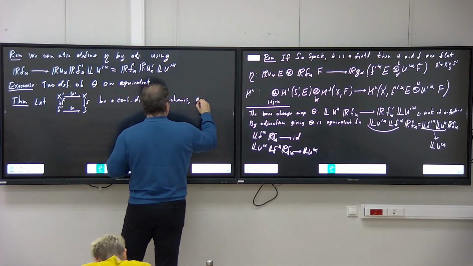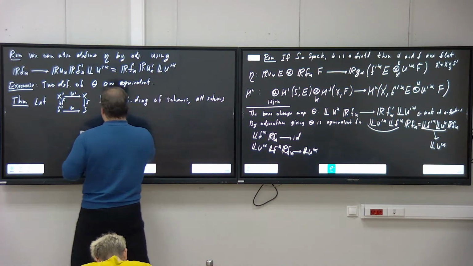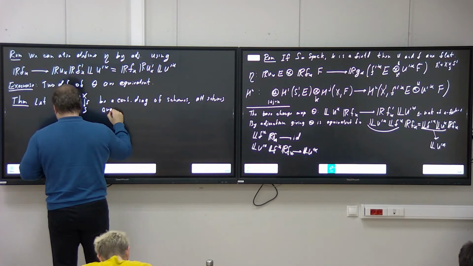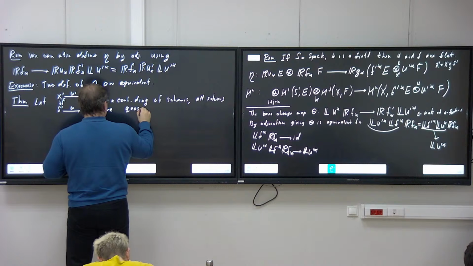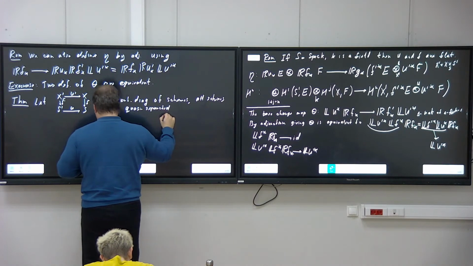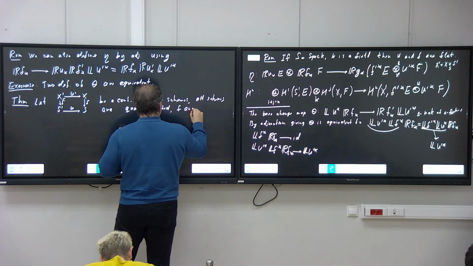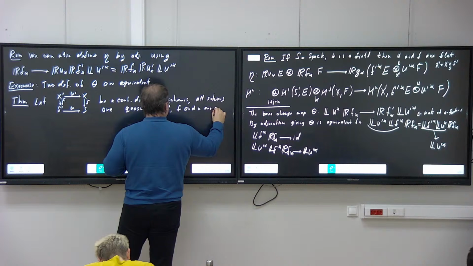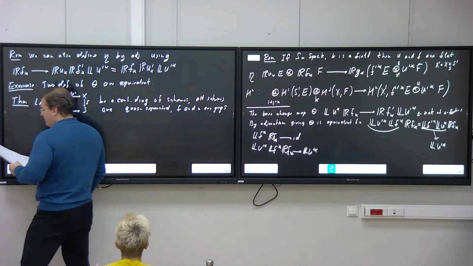So all schemes are quasi-separated, F and U are quasi-compact, quasi-separated. Then the following are equivalent.